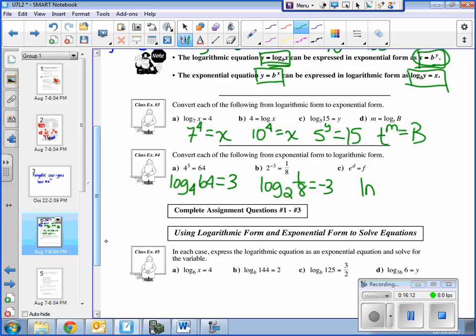No. So I'll put it both ways. So you can go log base e or natural log, they're both the same. What's my argument? Equals to what? So both of those are the same. So if you have log of f base e equals d, if I ever have a log base e, you can write it as natural log, okay?